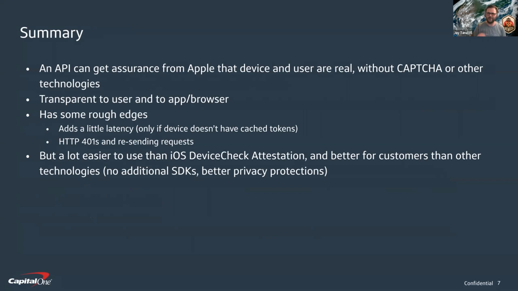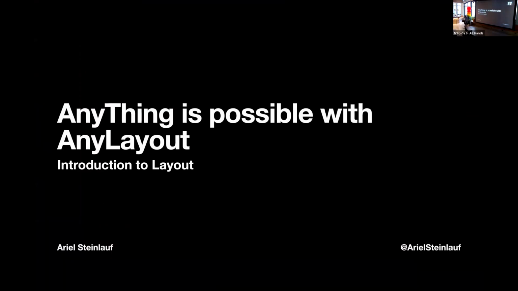But you do have this weird kind of 401 200 dance. But it's a lot easier to use than the device check attestation, and it's more privacy protecting than some other technologies. You don't have to add an extra SDK to your app, but it is iOS 16 and up, or macOS Ventura and up only. And that's that. Cool.